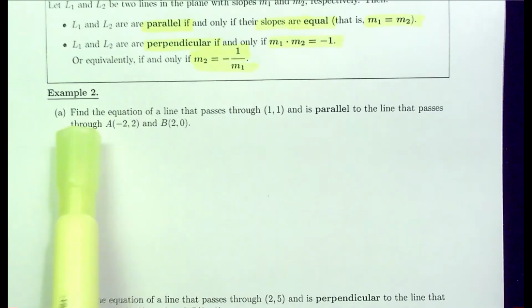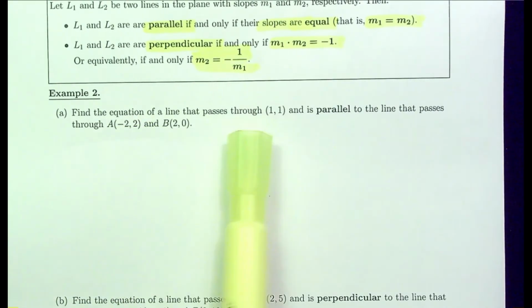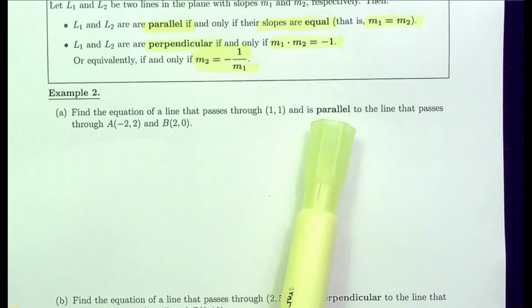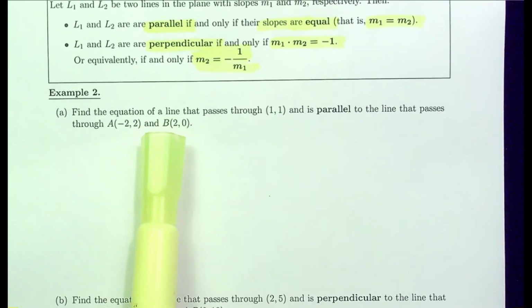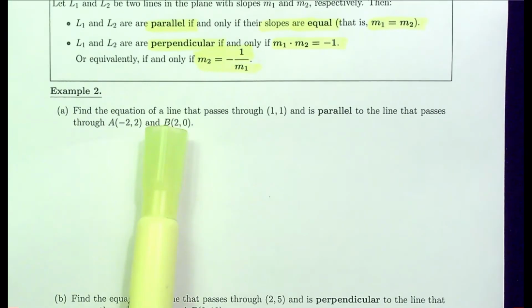Suppose that I ask you to find the equation of a line that passes through 1, 1 and is parallel to the line that passes through these 2 points. Okay, so we have two lines being talked about here. One is passing through these 2 points, through A and B. That's not the line we're interested in.